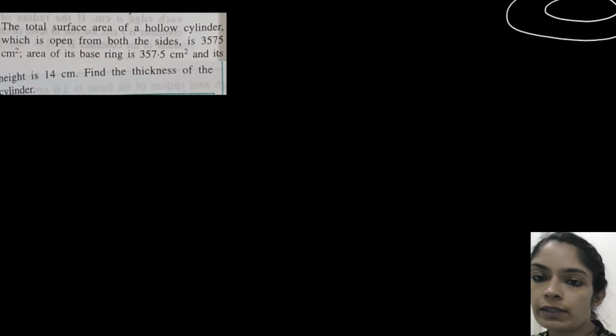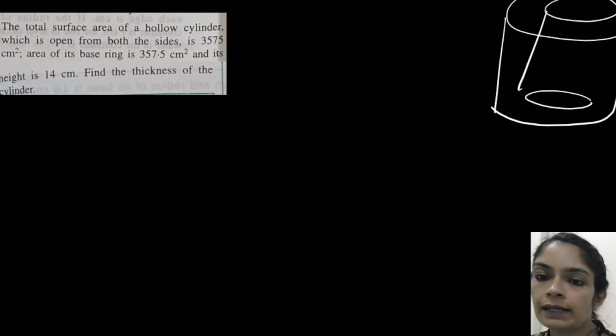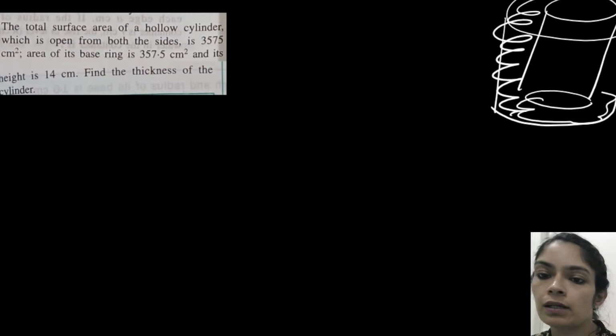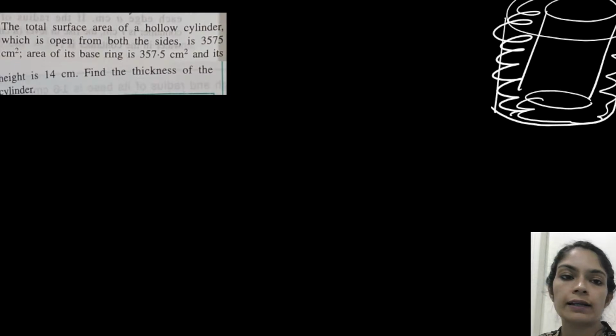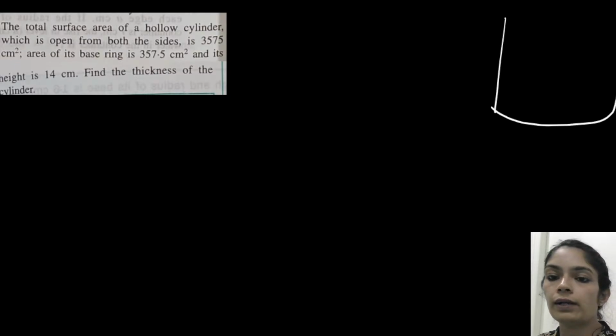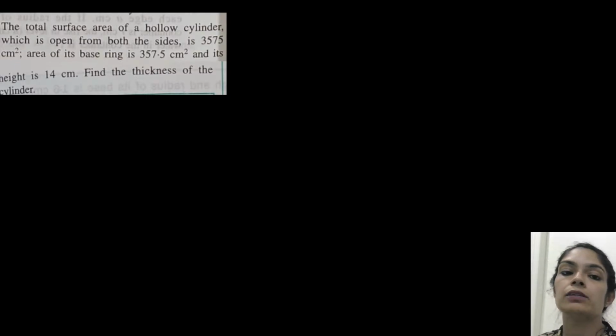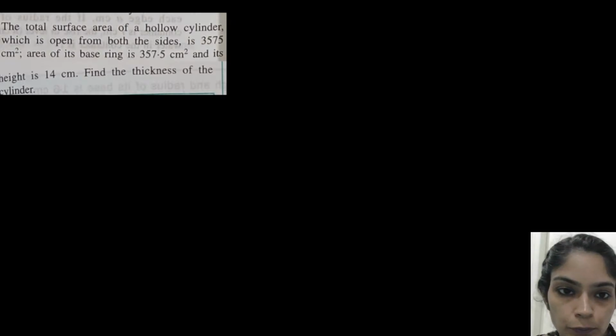If it is open, you just have to imagine it like a pipe, open from top and bottom. I've shown you at the starting also how. It's mentioned that it's open from both the sides, so that means it looks like a pipe.